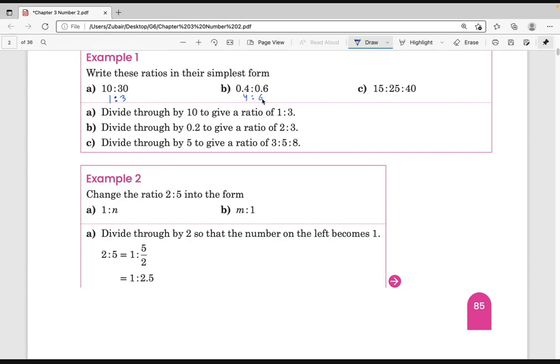Now both could be divided with 2. So 2:3. These cannot be further subdivided. 15, 25, and 40. I can see that I can divide them all with 5. This is 5 3 times, 5 5 times, and 5 8 times. No further subdivision.